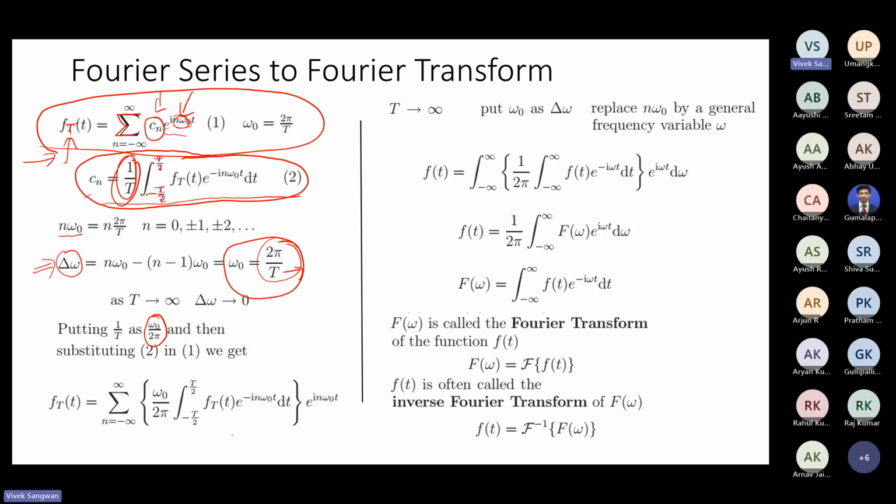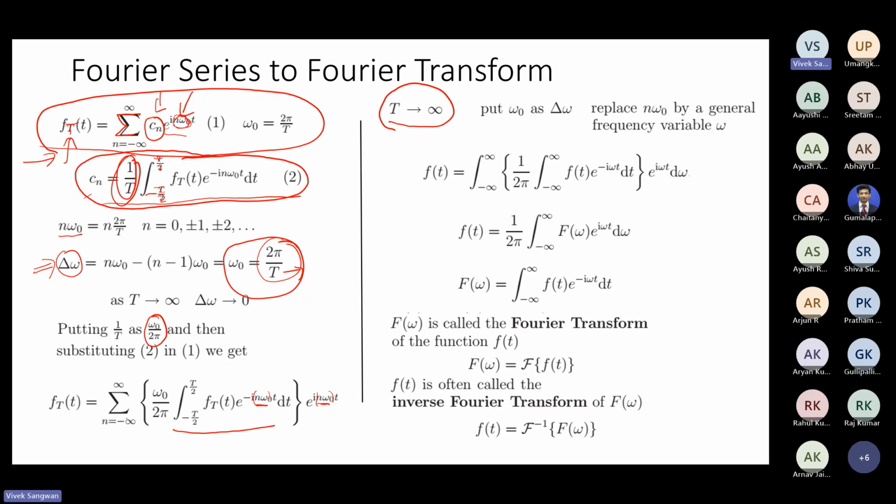Now in this summation, as T goes to infinity, note that the inner integral is an integral over dt, over time. So in this integral, the n omega 0 part is not involved.